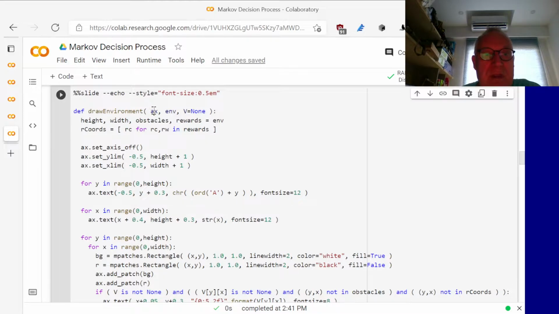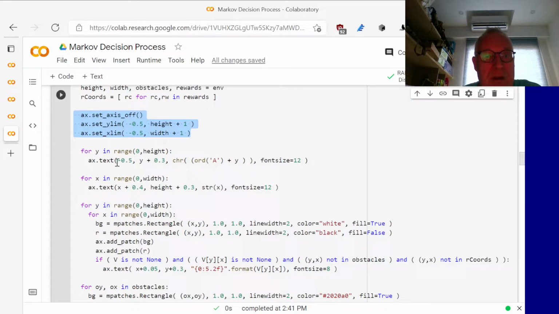So here's a function then that draws that environment using matplotlib. So we extract the height, the width, the obstacles, and the rewards, which is the definition of our environment. We set the reward coordinates for the rewards, then set up the axis, the canvas that I can draw on, and then plot the row coordinates and column coordinates, like the header on top.